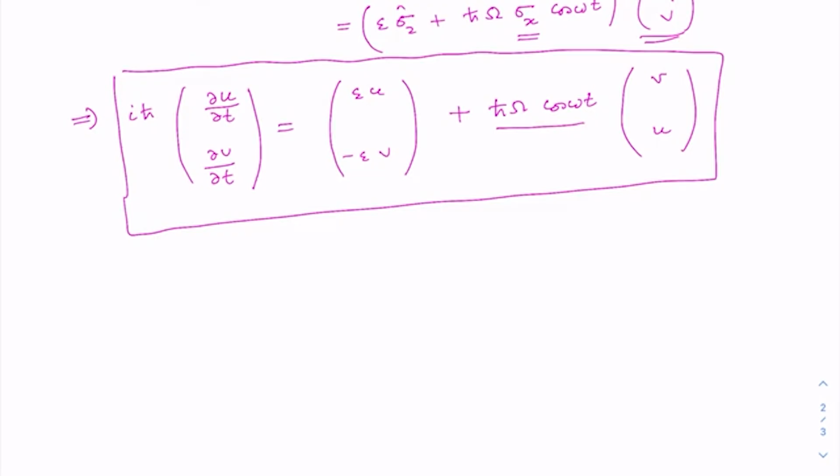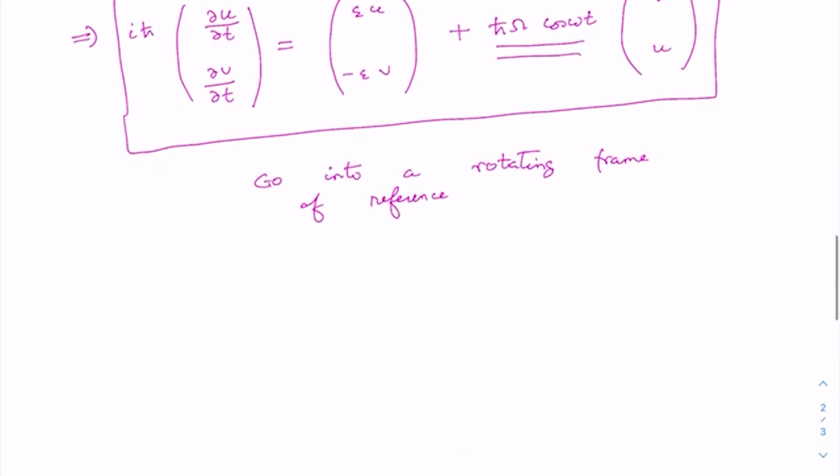So we'll apply a trick here, and we'll know more about it later on. Let us go into different variables, a rotating frame of reference, because I just want to get rid of this time dependent part ultimately, and we'll see how by a clever trick we can do that.